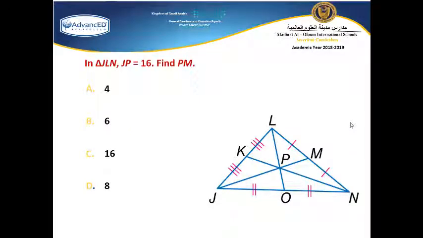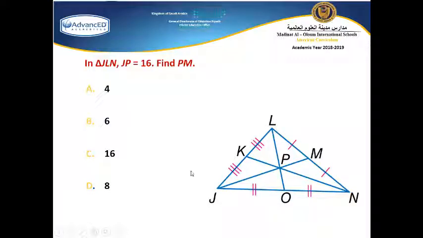Let's solve the next question. In triangle JLN, JP equals 16, find PM. Here we know that the median JM has two segments, JP and PM. JP equals 2/3 of the median JM.